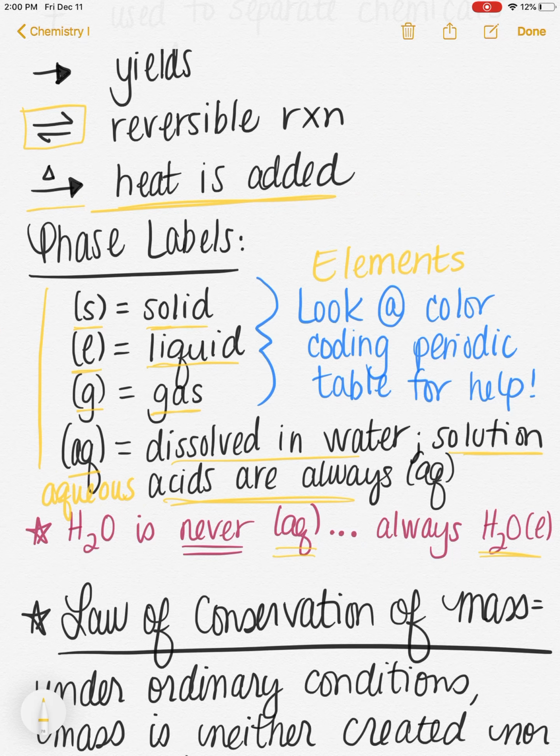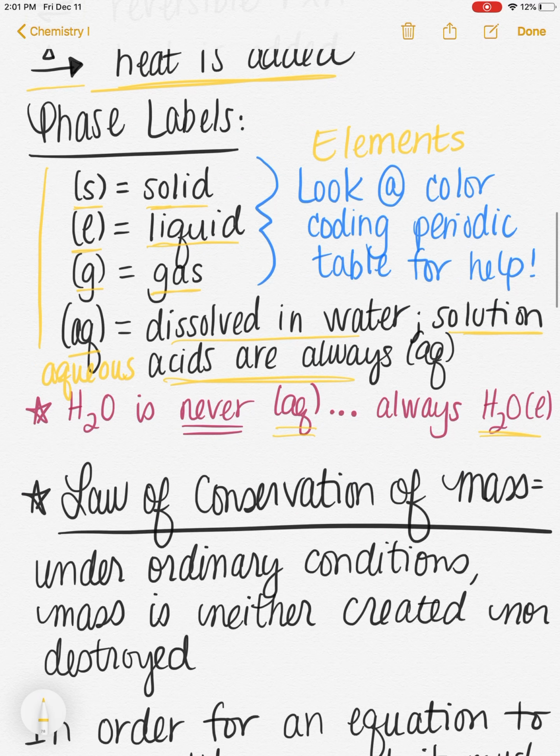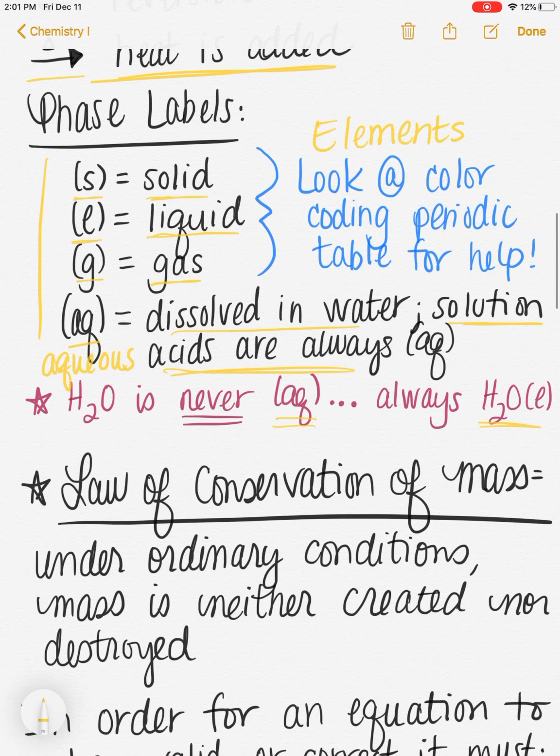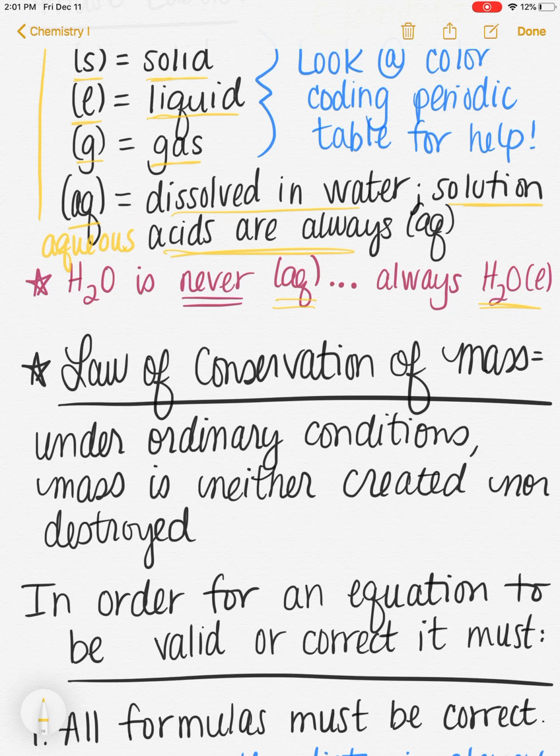Instead, you should put H2O liquid, unless of course the problem says that you're working with ice. Ice would be solid water, so you'd put H2O with an S in parentheses after it. If the problem says that you're working with steam or water vapor, you would put H2O with a G in parentheses after to show that it's gaseous water.